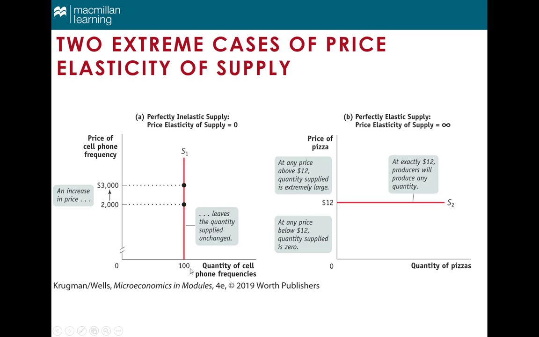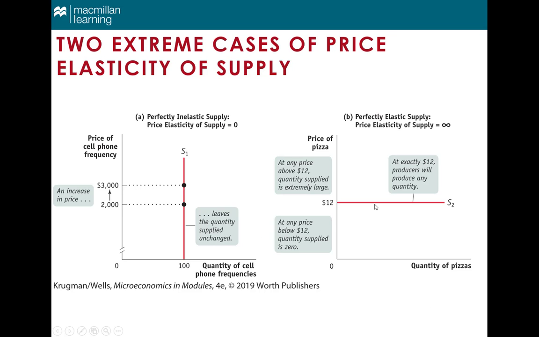As you can see, there is no change in the supply at all. It's fixed at 100. So it is said to be perfectly inelastic supply. In this case, because there is no change in the supply, the price elasticity of supply is 0.